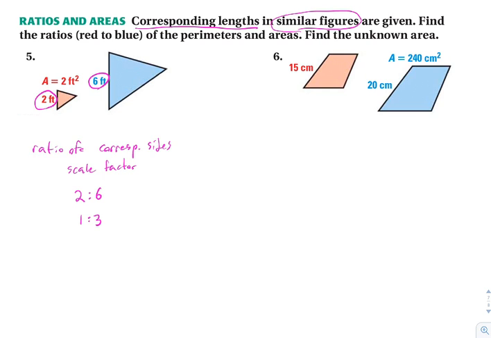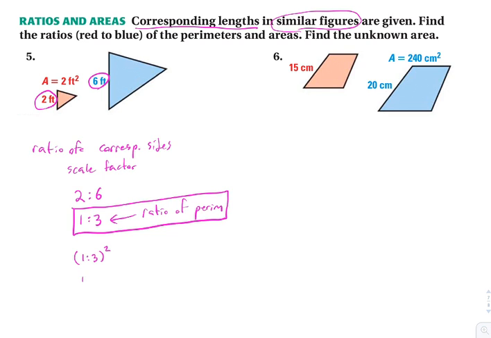Now the question is, find the ratios of the perimeters and the areas. So this would be the ratio of the perimeter. Okay, then it says find the ratio of the areas as well. So the ratio of the areas would be 1 to 3 squared, or 1 squared is 1, 3 squared is 9.